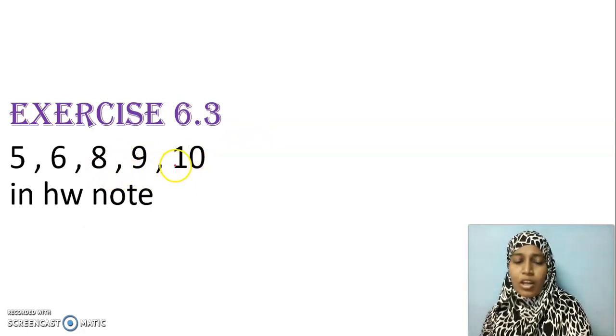It's the same model but the numbers are different. You have to practice it in your homework note. As usual, you will do all the examples and problems in the slides in your classwork note. I have taken only the example sums for the videos. So complete all examples in your classwork and all these problems in your homework note.